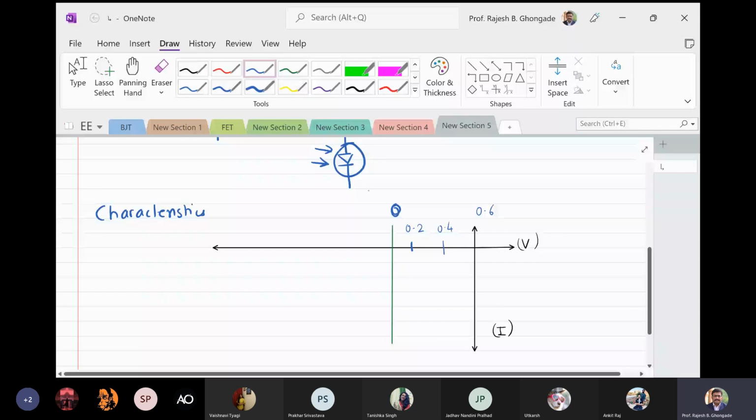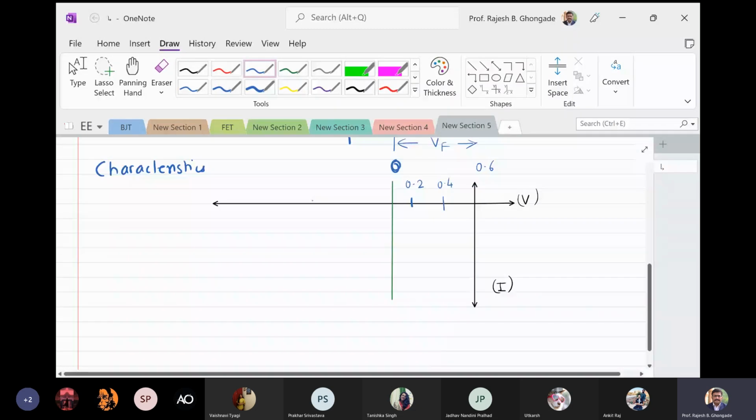Now this is where the diode is forward biased slightly. Okay, not much. And in this region we have reverse bias, so it is VR. Okay, so now I can just mark it here.